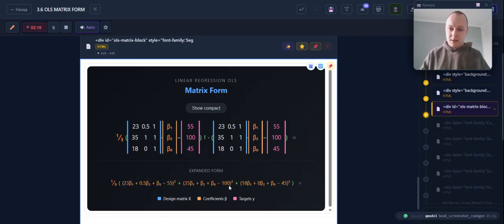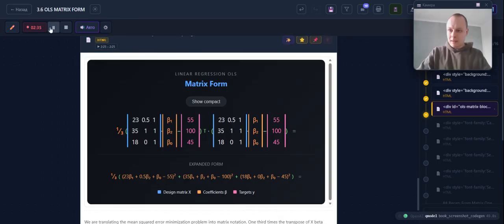So basically we got the vector of our loss for each individual object divided by 3. So we got the same MSE, the same quality functional that we had in the last ordinary least squares lesson.